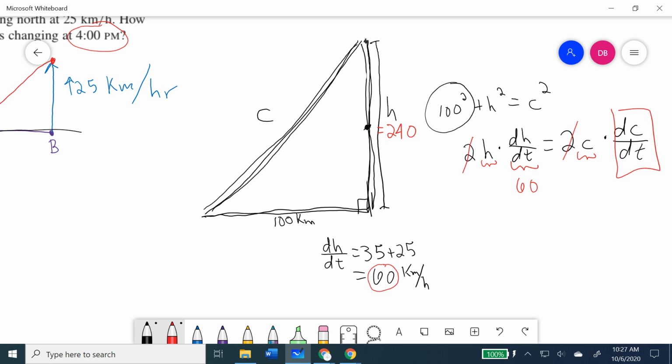And I believe this is one of the right triangle ratios. So I've got to find C using the Pythagorean theorem or special Pythagorean triples. Does anyone have that number C? 260.